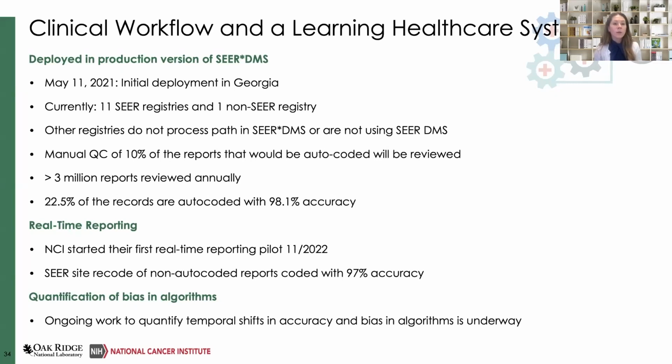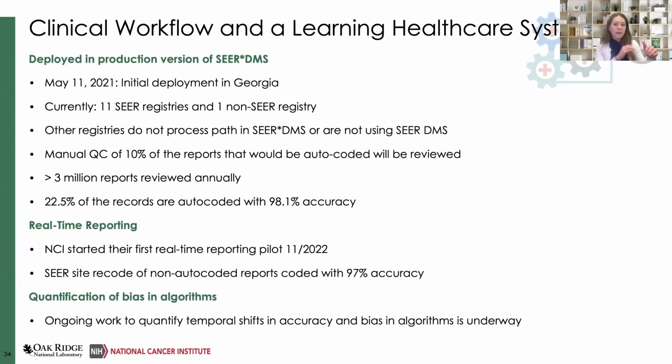There are approximately 3 million reports reviewed annually, and of those 3 million reports, 22.5% of the records are auto-coded with 98.1% accuracy. This has been moved into a near-time reporting pilot, where NCI started their first real-time reporting pilot in November of 2022.